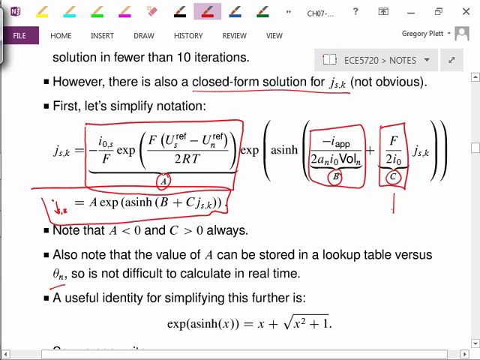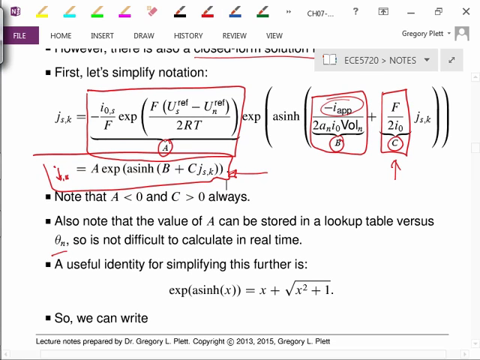And the same would be true of C and of B, except you still would have to multiply by this I applied, which would be different every time you're looking at it. So A, B, and C are pretty easy to compute from lookup tables, and then I'm left with this other functional form here, which is not so obvious how to solve for Js.